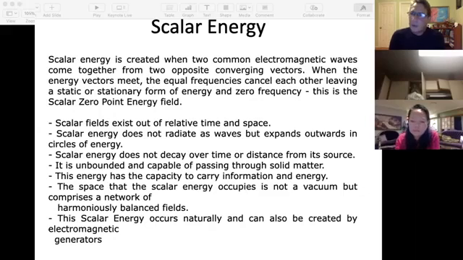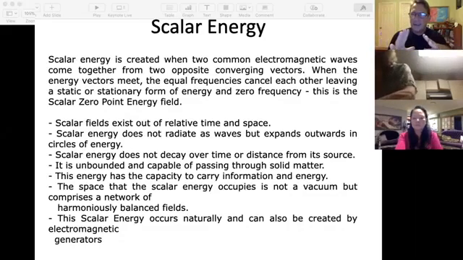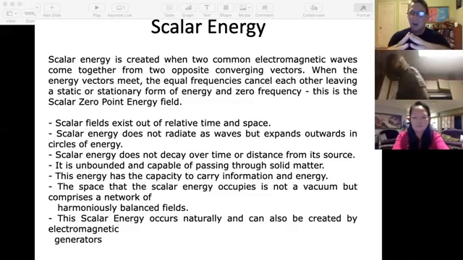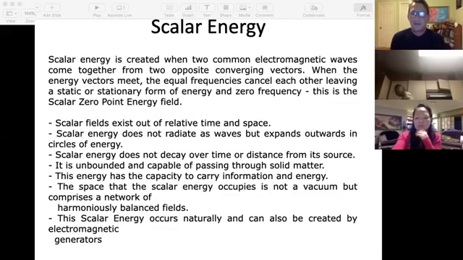Okay, so unlike electromagnetic energy, which travels through space and hits different obstacles and gets blocked, scalar waves go through all matter. They cannot be stopped. So it doesn't matter where you are, you will always get access through these scalar fields that are being generated.